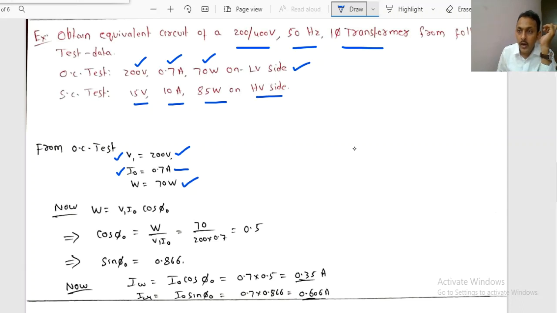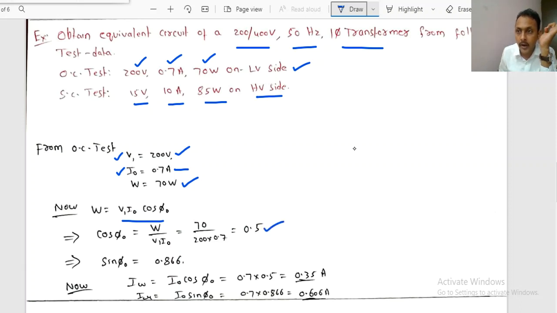Now already we know from open circuit test, wattmeter reading equals V1 I naught cos phi naught. From that, cos phi naught equals wattmeter reading by V1 I naught, which is simply 70 divided by 200 into 0.7. We get 0.5.